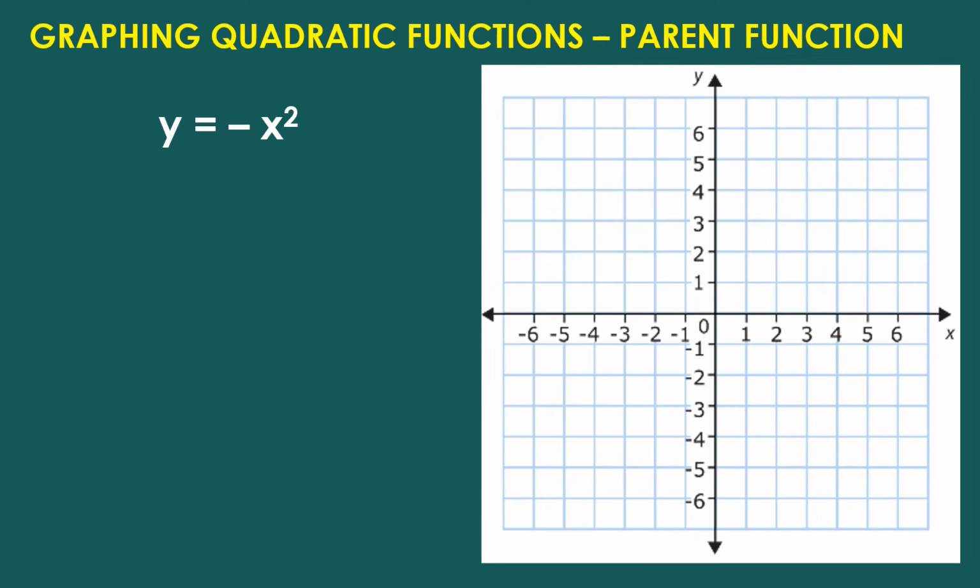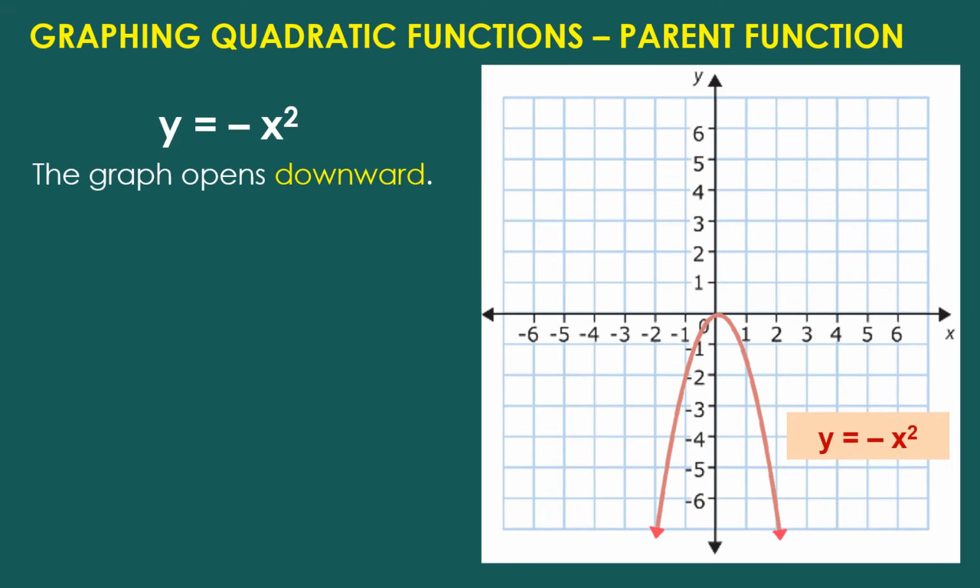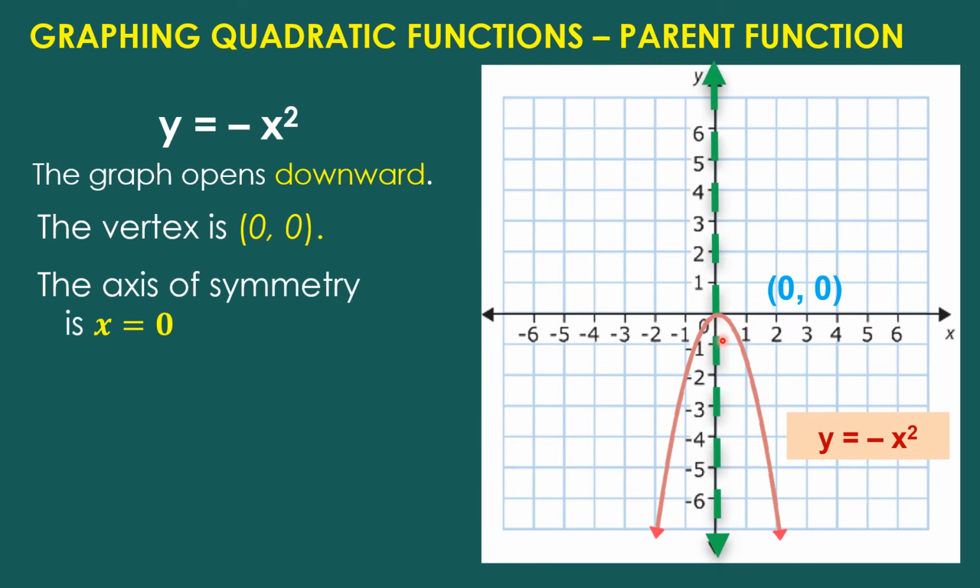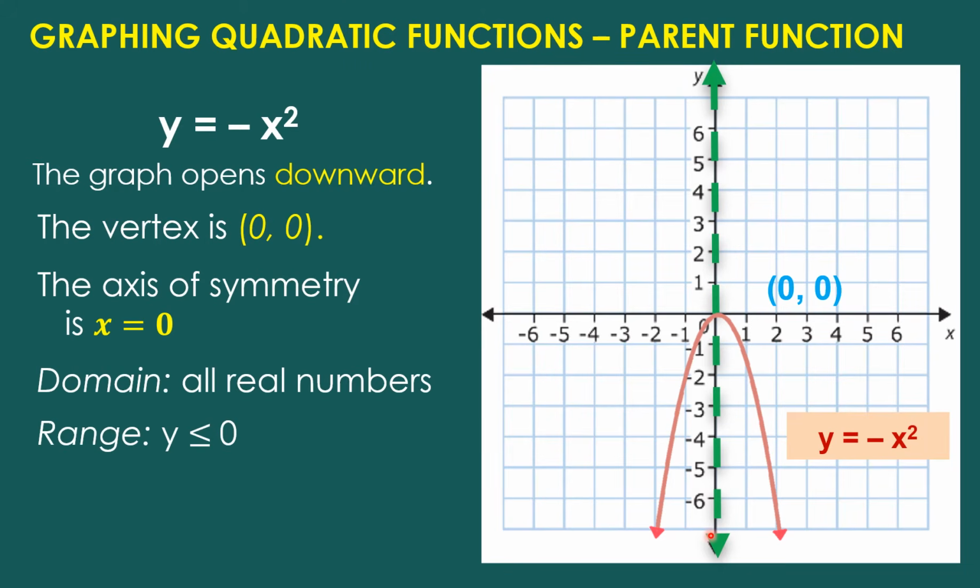How about the graph of y equals negative x squared? Notice that the graph now opens downward because the value of a here is negative. The vertex is still at (0, 0). The axis of symmetry is x equals 0. The domain is the set of all real numbers, while the range is y is less than or equal to 0.